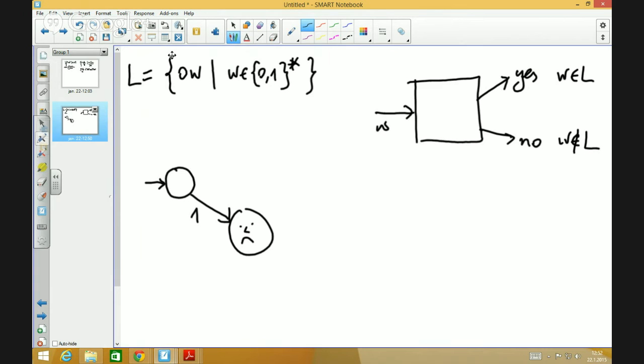And if the string starts with a 1, does it matter what comes afterwards? No, you are unhappy and you will remain unhappy forever. Absolutely. So from now on, the machine will have to accept any amount of input that it gets, but no matter how many zeros and ones it gets, it stays unhappy.